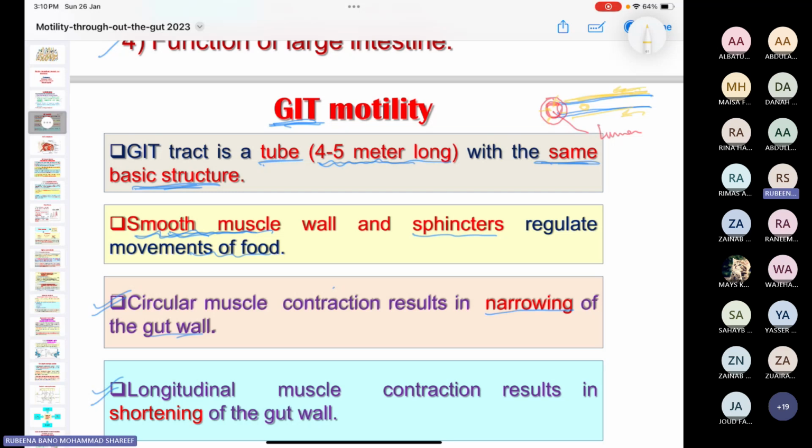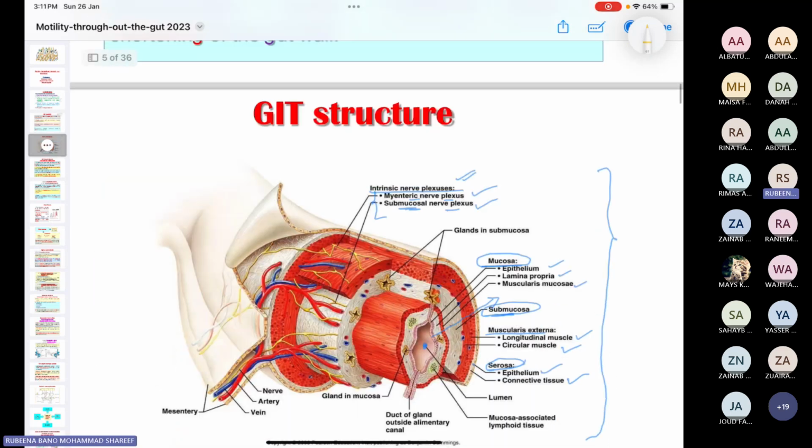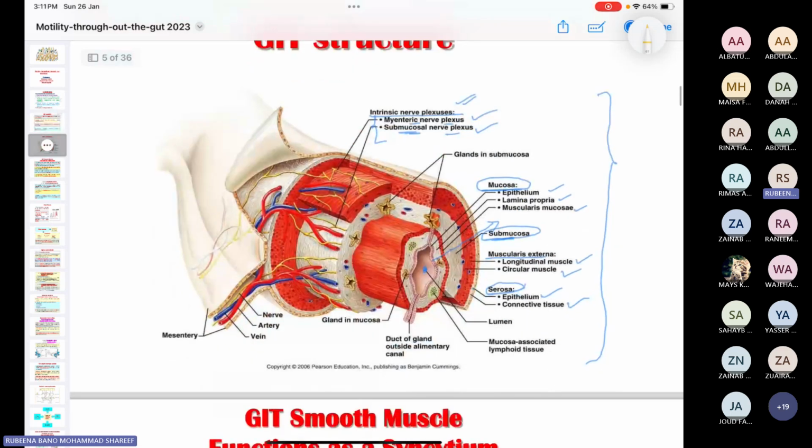So circular muscle is responsible for narrowing, and longitudinal muscle is responsible for shortening of the gut wall, right? The structure we have already discussed. So as I told you, it is important to know about the various layers of the GI wall and the nerve plexus which are present.